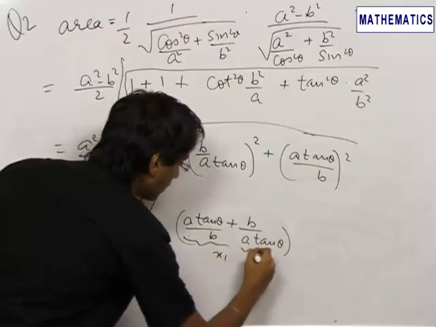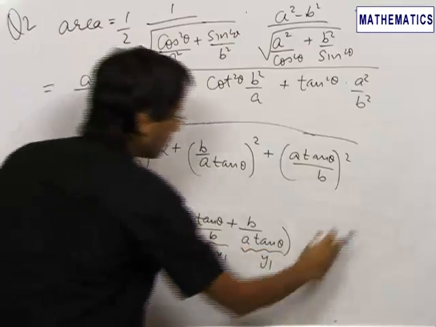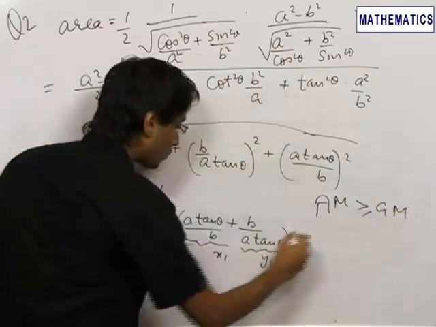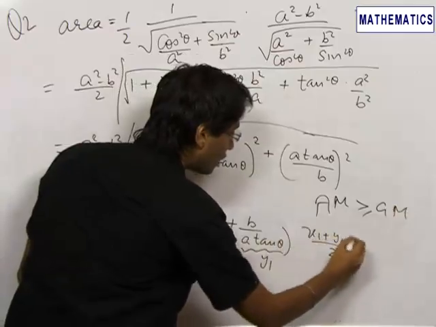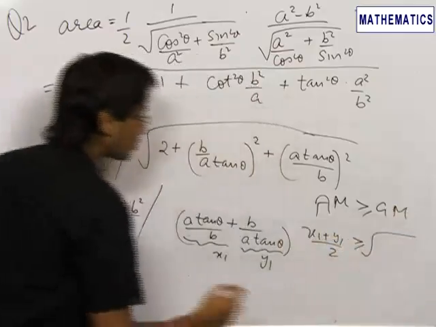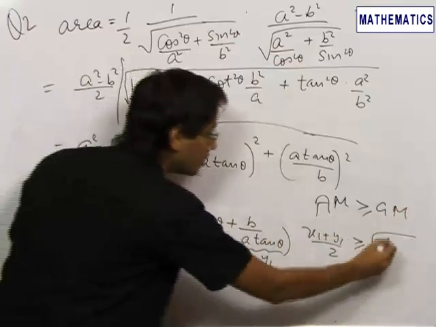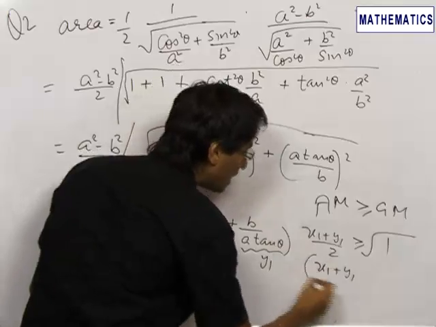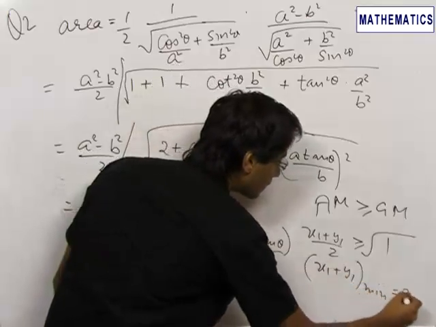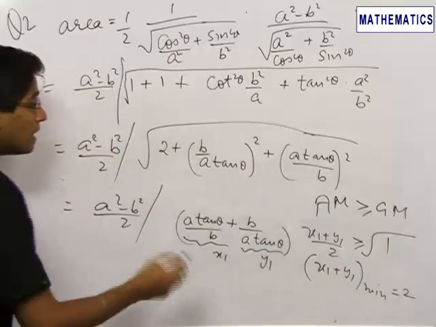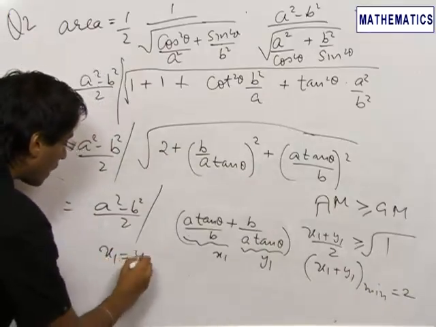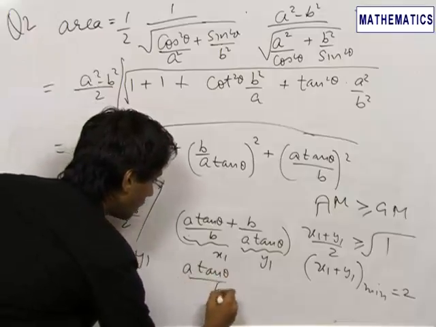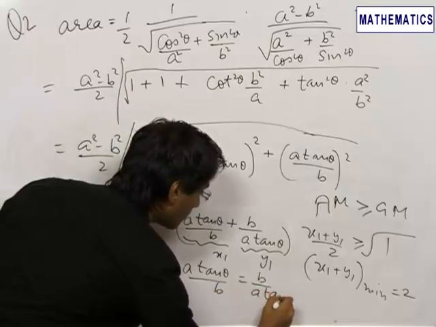Considering this as x1 and this as y1, from the AM greater than or equal to GM inequality, we have x1 plus y1 by 2 is greater than or equal to the under root of x1 into y1, and we know that x1 into y1 is 1. So x1 plus y1 is greater than or equal to 2, and hence the minimum value of x1 plus y1 is 2, and the minimum value occurs when x1 is equal to y1, that is a tan theta by b is equal to b upon a tan theta.